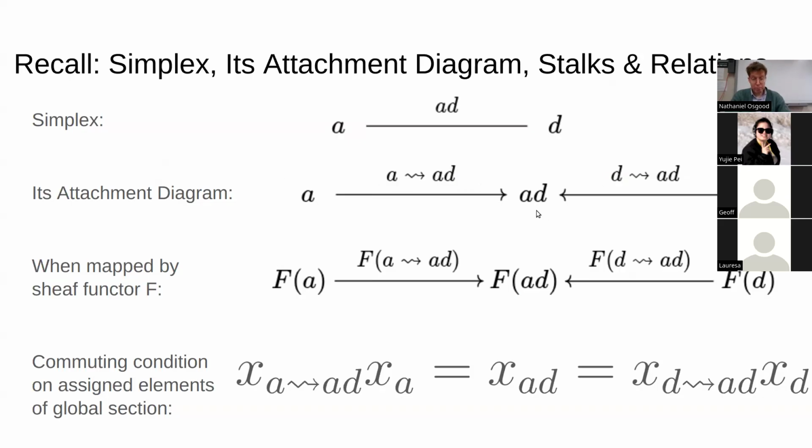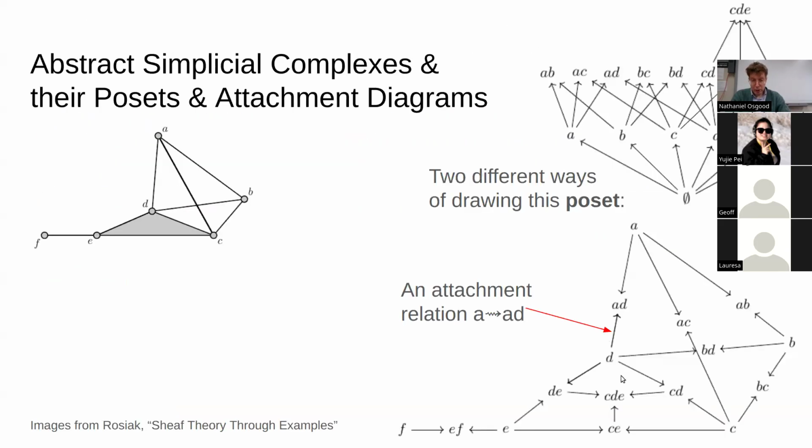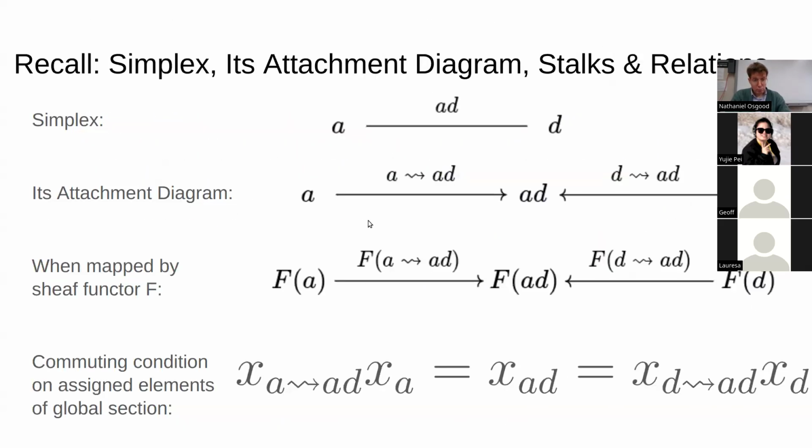Each of these is a simplex in this poset, right? Each of them is an object here in this category. So we hit each of them with F, and that gives us a stalk over each of them, possible values. It's associated with a vector space, which tells us possible vectors in that vector space, right?